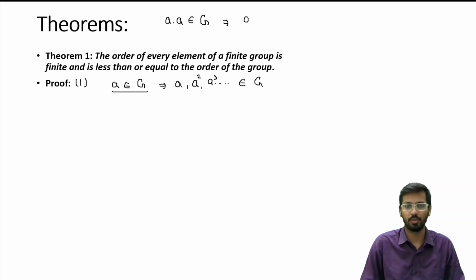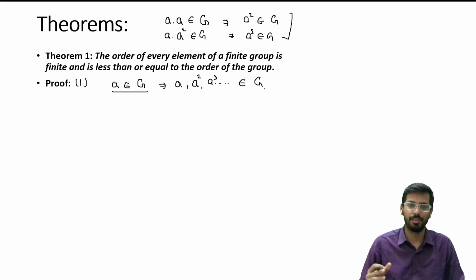That implies a square should belong to G. Similarly, we can take these two elements a and a square belonging to G. That means a cube belongs to G. So by this induction, we can say a square, a cube, and so on, all these elements will belong to the same group G. Now we have to prove that the order of a is finite.